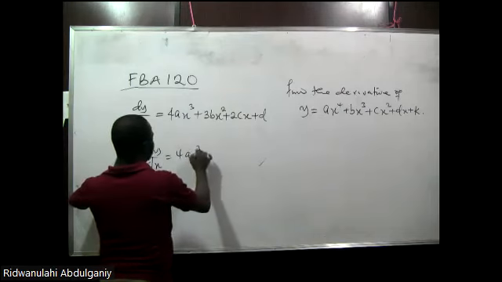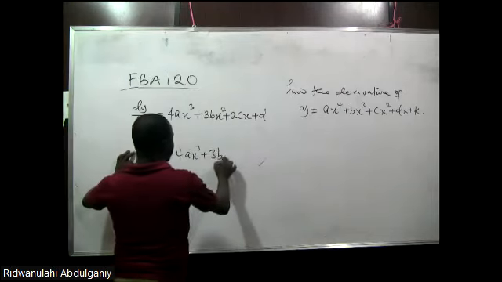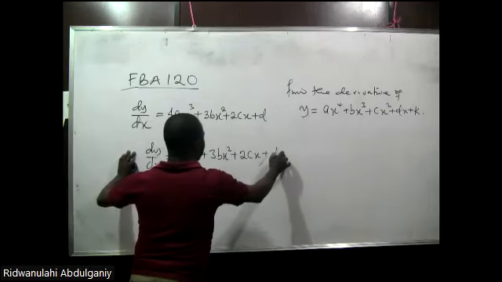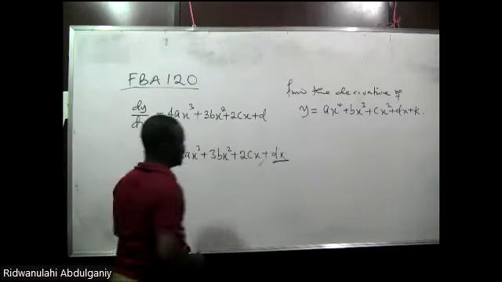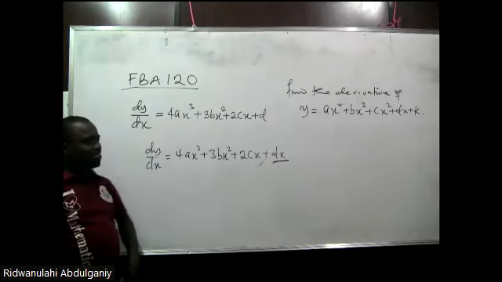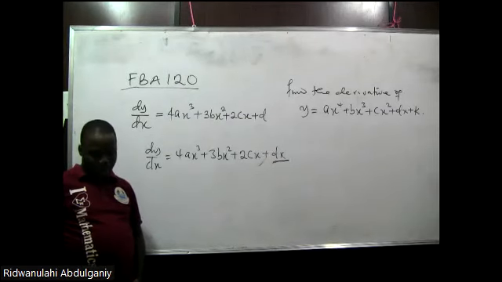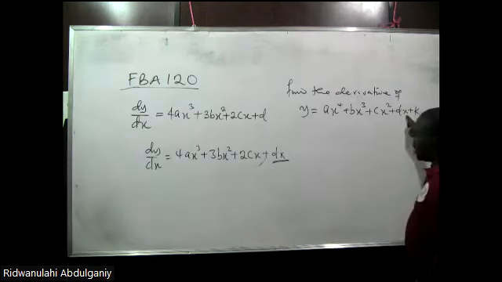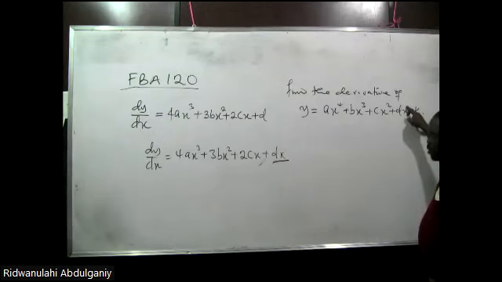4ax cubed plus 3bx squared plus 2cx plus dx. How do you obtain your dx? I think since the x does not have any power, I assume it's 1. Are you sure? The power is 1. Raised to power 1, which is 1 times d, is just d. The x does not remain.